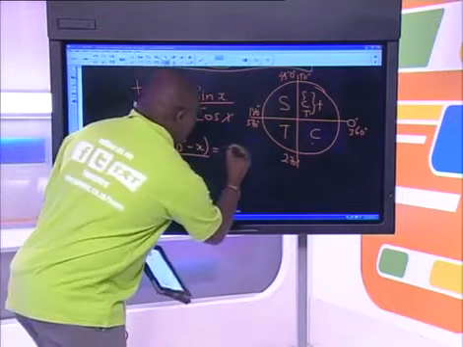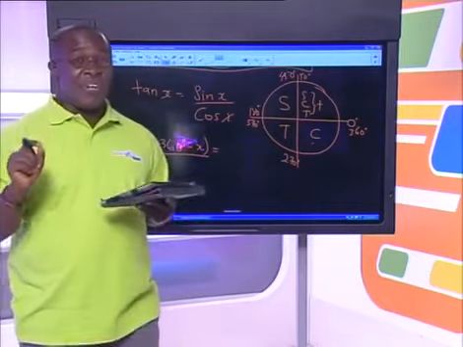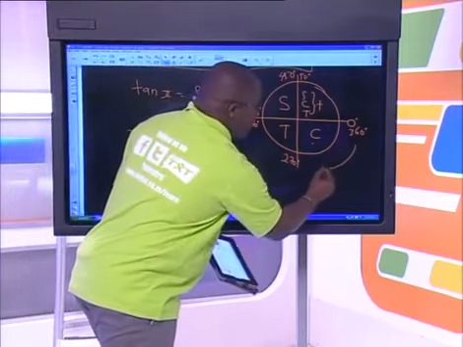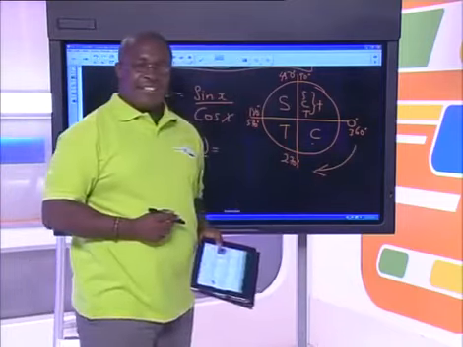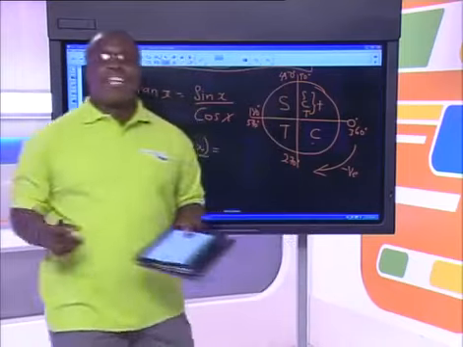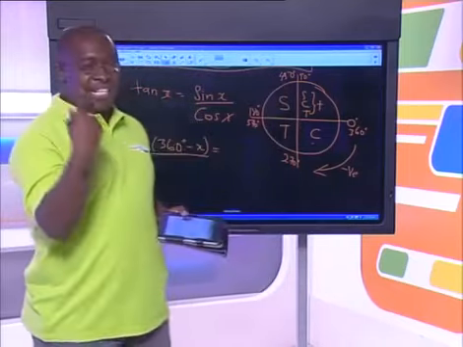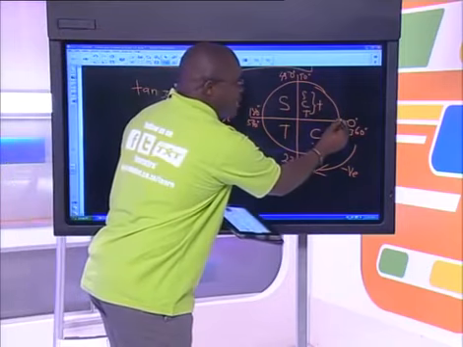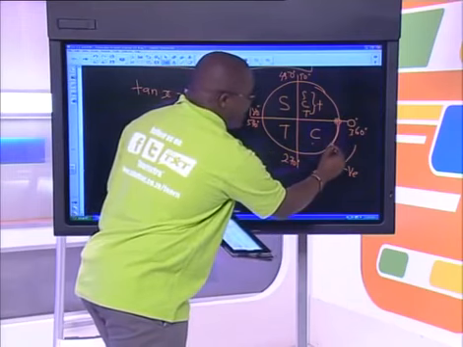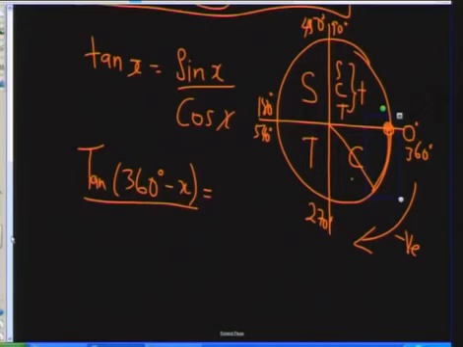Another way of looking at it is that when you move in the clockwise direction, your angles are negative. You understand? So you can say, my starting point is here at 0, and if I move x degrees clockwise, I am going to end up in the fourth quadrant.